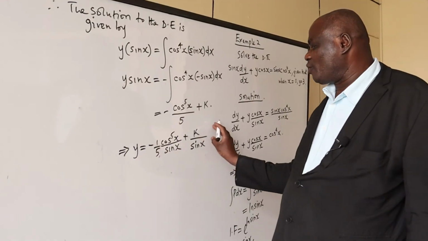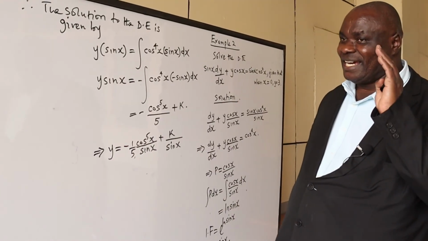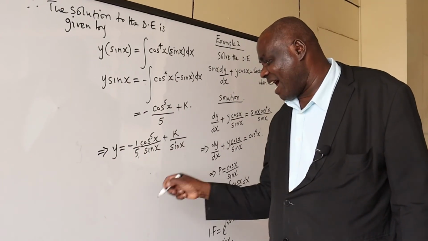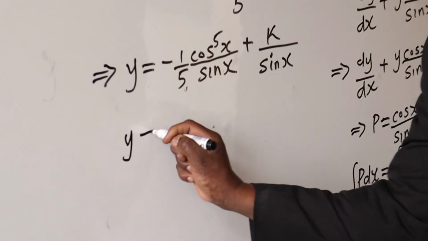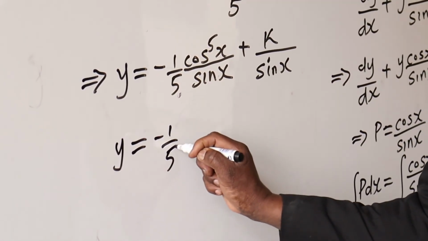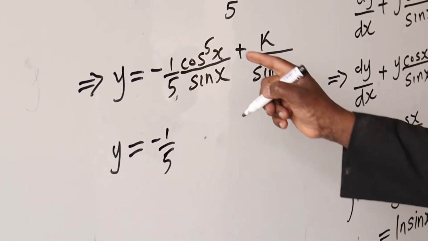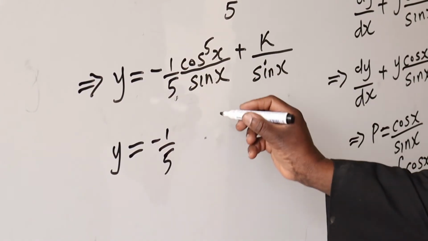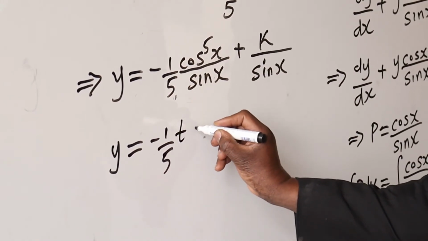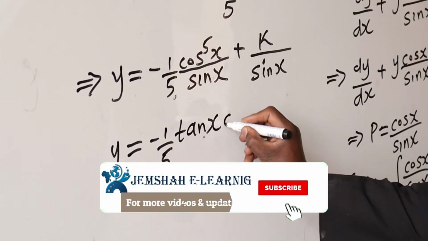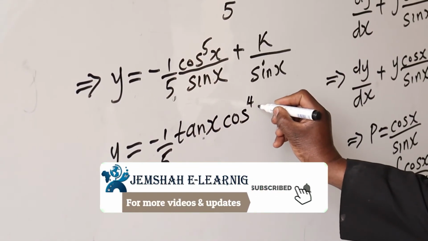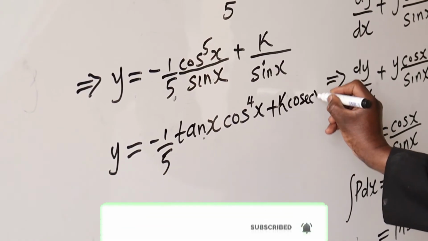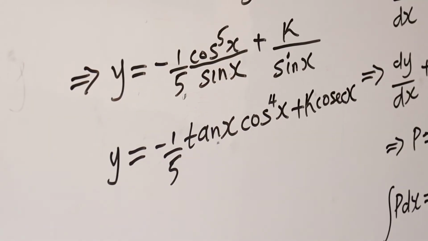Now this is the general solution to that particular differential equation, which can be simplified as y is equal to minus 1 all over 5. We have cos x all over sin x is tan x, so we can have tan x. Then we remain with cos to power 4 x, plus k cosec x.